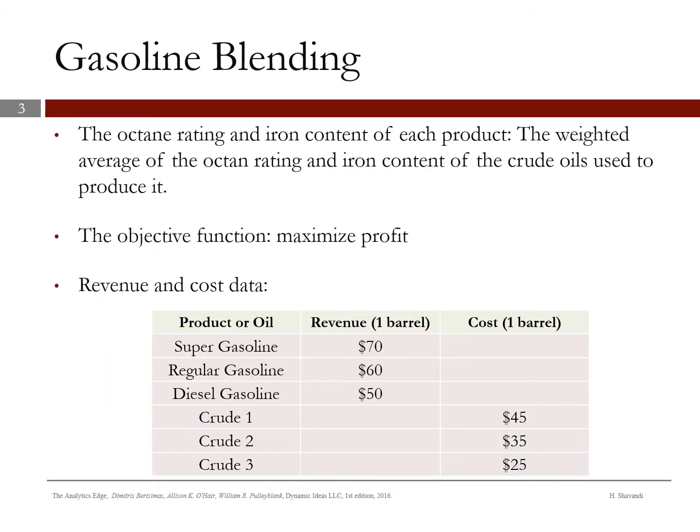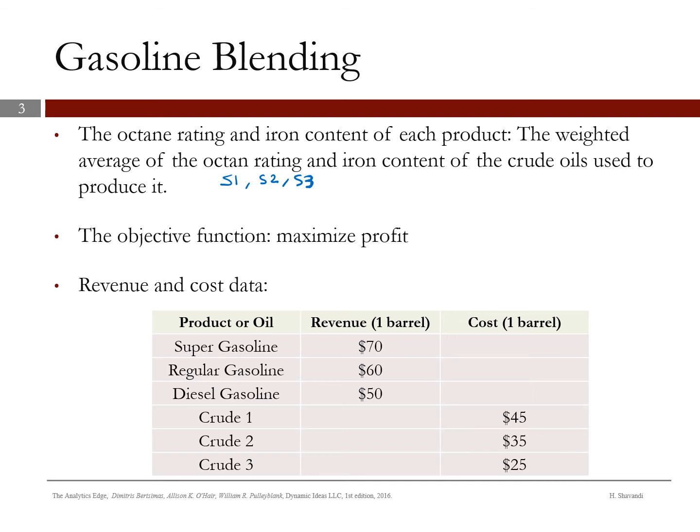In order to formulate the problem, first we need to define the decision variables. Let's define the decision variables in this form: S1, S2, and S3. Here, S1 means we are going to use crude oil of type 1 to produce the super gasoline.